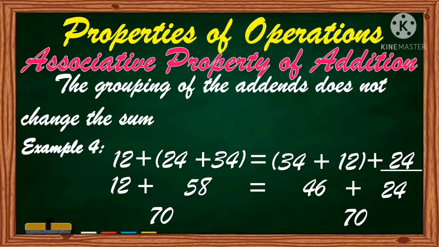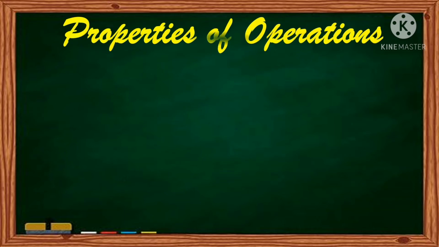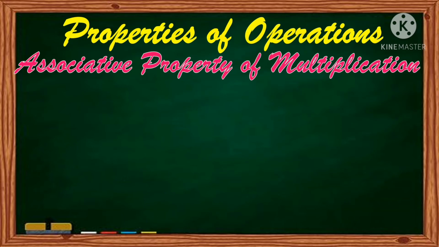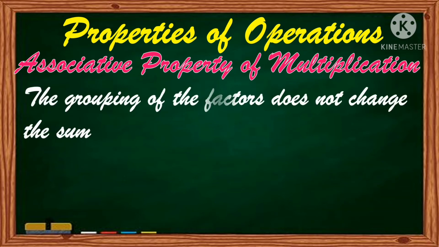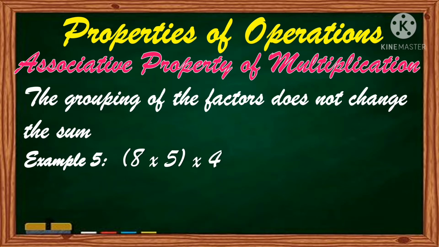Next property of operation that we have is the associative property of multiplication. The grouping of the factors does not change the product. Example number 5. (8 times 5) times 4 equals 8 times (blank times 4).